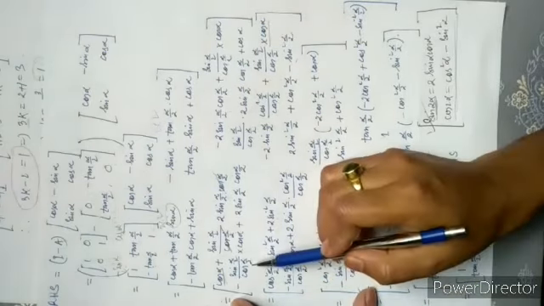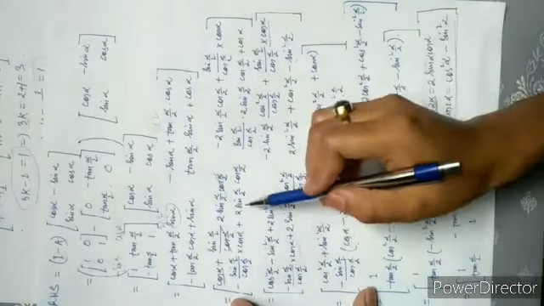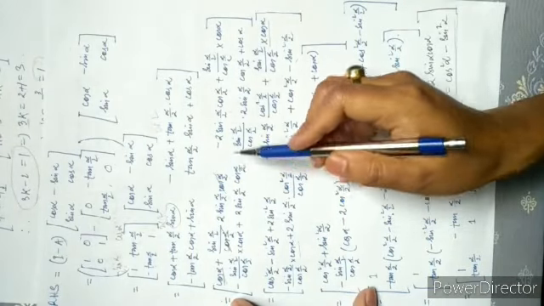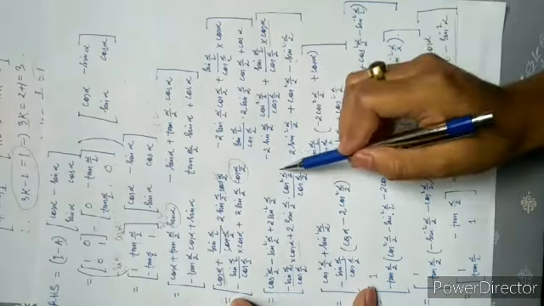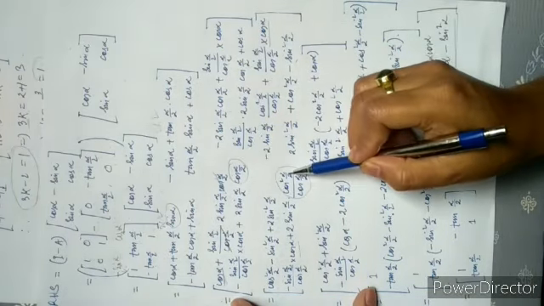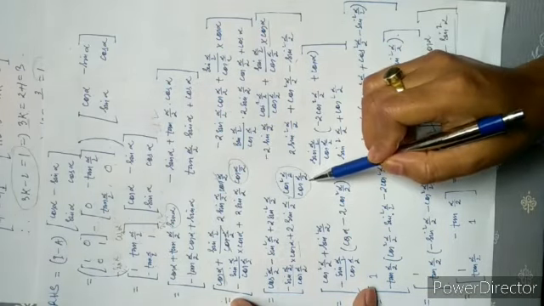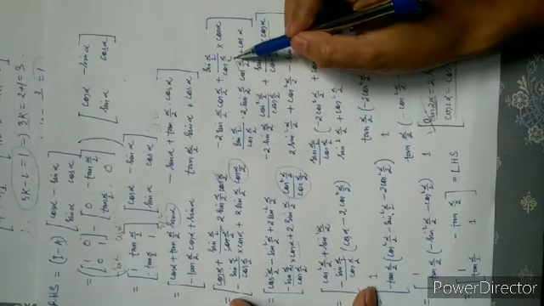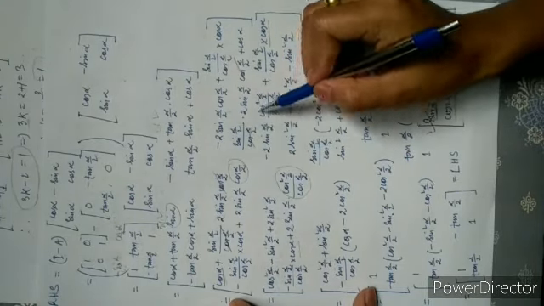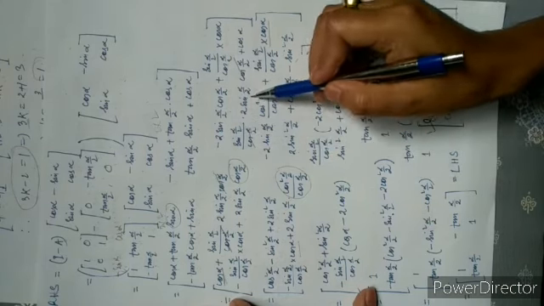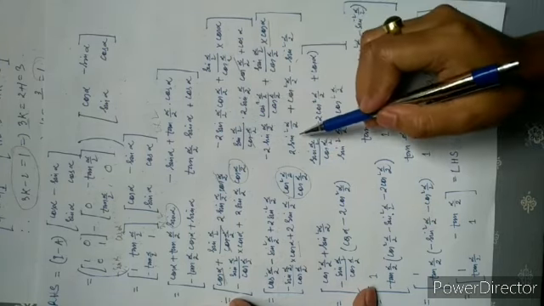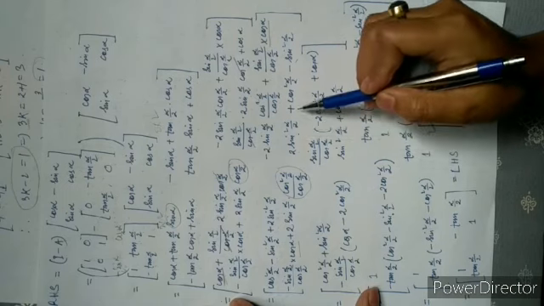Minus sine alpha by 2 cos alpha by 2, divided by 2 sine alpha by 2 cos alpha by 2. This cos alpha by 2 can be expressed as cos square alpha by 2 divided by cos alpha by 2, and cancelling cos alpha by 2, this expression becomes 2 sine square alpha by 2 into sine alpha by 2 is equal to sine square alpha by 2 plus.